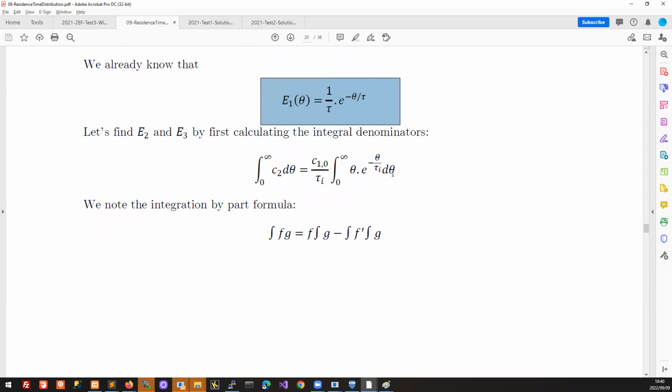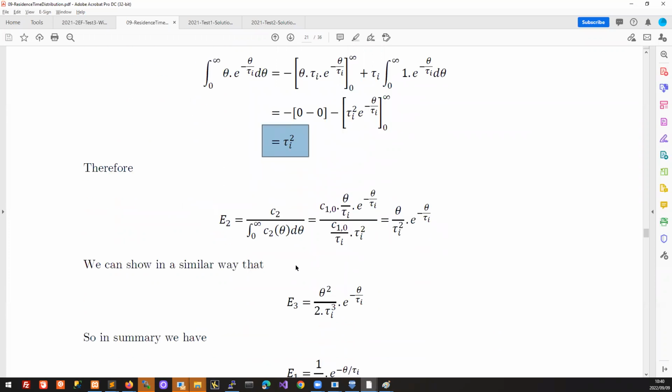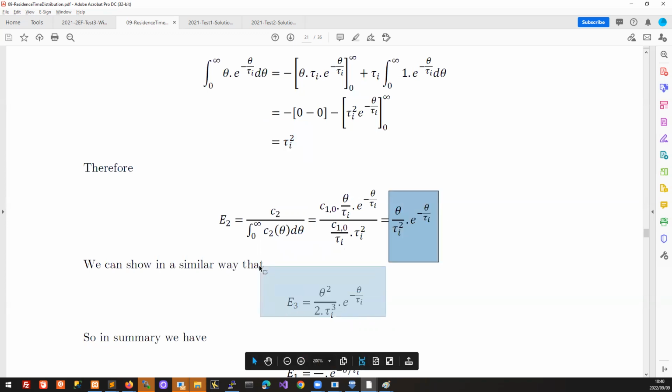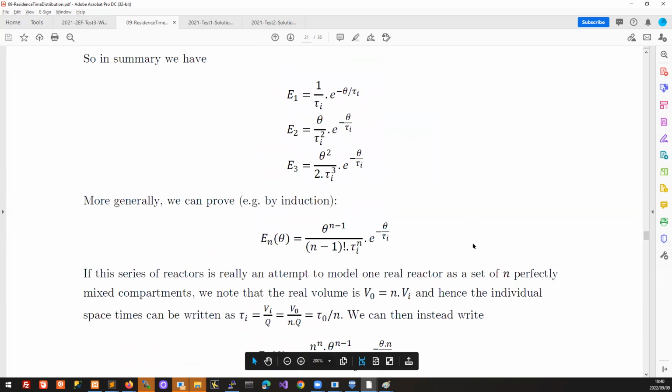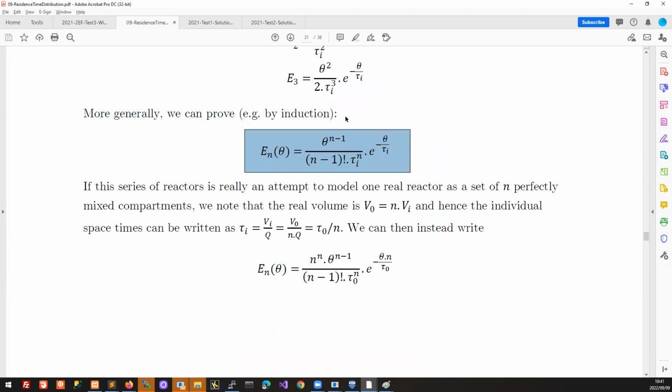And if you find the integral in the denominator, then you get that form. So it's simply a tau squared in that case. So E2 looks like this, and E3 looks like that. And you can generally show for any number of tanks in series that that's the formula that you get.